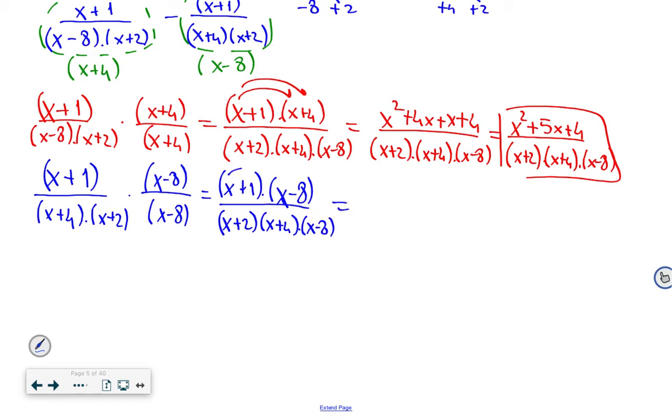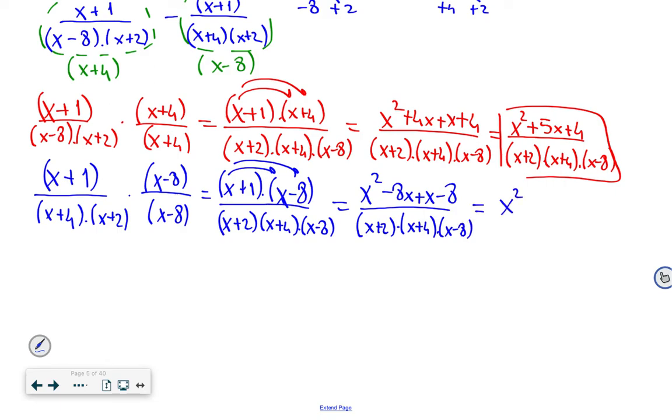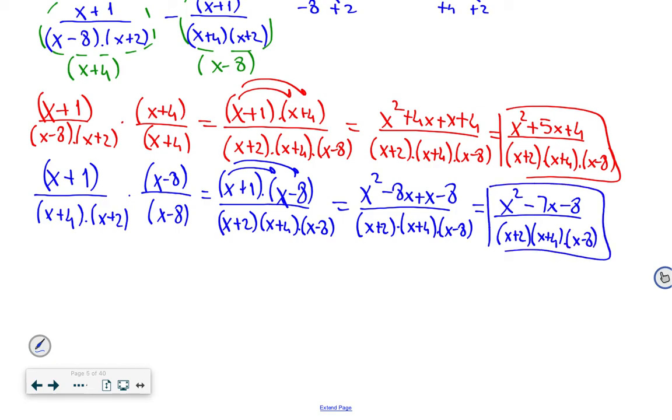From here, if we distribute this into the second parenthesis, you will get x squared minus 8x plus x minus 8 over x plus 2 times x plus 4 times x minus 8. If you combine the like terms, you will get x squared minus 7x minus 8 over x plus 2 times x plus 4 times x minus 8. This is the equivalent fraction of the second expression.